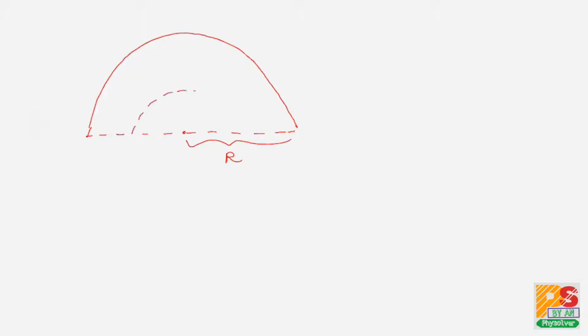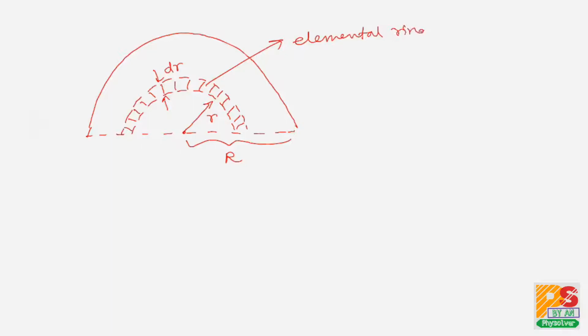This is the disc of radius capital R and mass M, and we choose a ring which has a radius of small r and a thickness of, suppose, dr. This thickness is dr. This is our elemental ring, of course a semicircular ring.